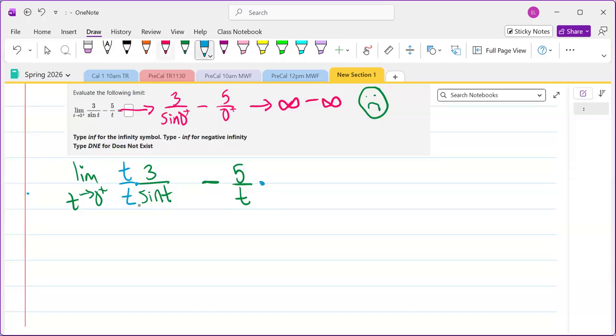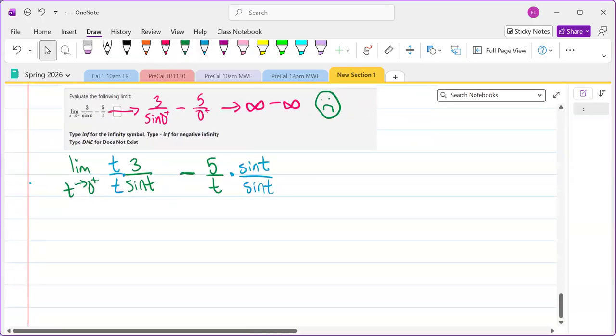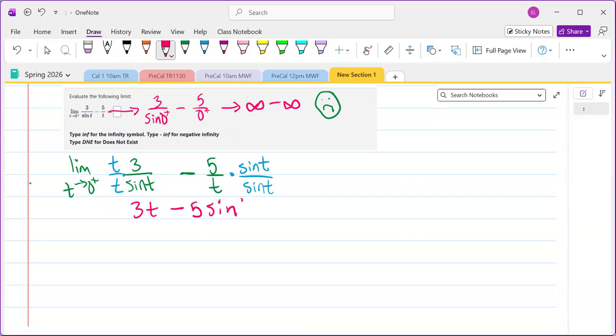Now my other fraction is missing the sine of t, so that's what I'm going to multiply by. So on top of this fraction, I have 3t minus 5 sine t. And the bottom of the fraction is t times sine of t.